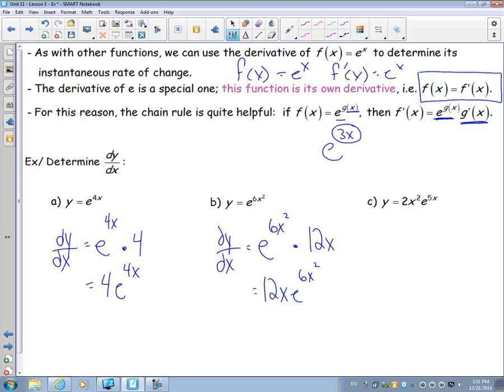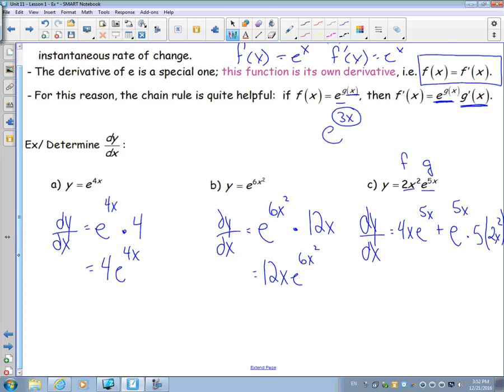If we try the next one, you might notice that we have two functions being multiplied. So we're going to have to go to our product rule. The derivative of the first part, that's 4x, times the entire second part, plus the derivative of the second part, which is an e, so times itself, times 5, times the whole first part.